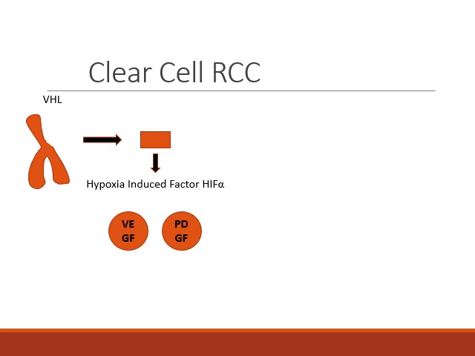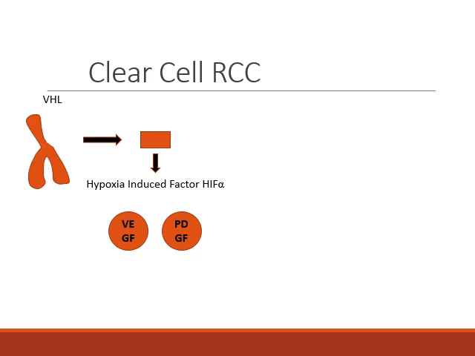The two key ones are vascular endothelial growth factor and platelet-derived growth factor. All of these factors promote angiogenesis, cell proliferation, and cell survival. So if you inactivate VHL, you don't degrade HIF alpha, and you overproduce all of these pro-angiogenic factors.